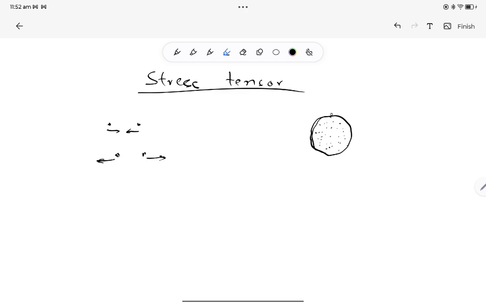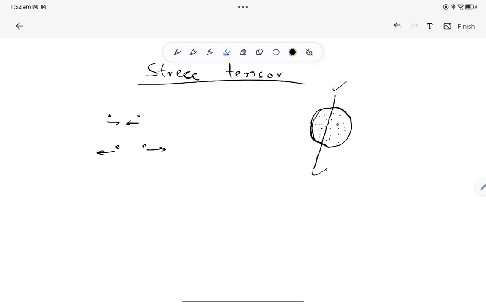Suppose you have a cross section through this. It is not a line, it is a plane across this, and there are atoms to its right, and there are atoms to its left. Now these atoms will attract or repel. Suppose these atoms here repel these atoms.